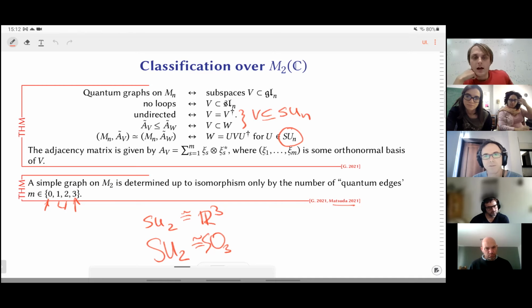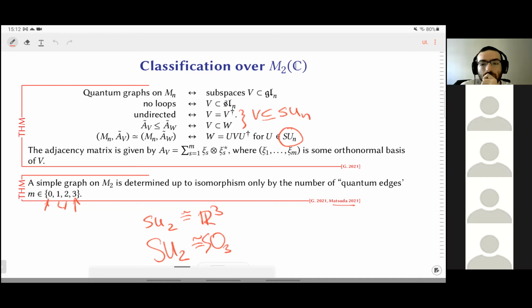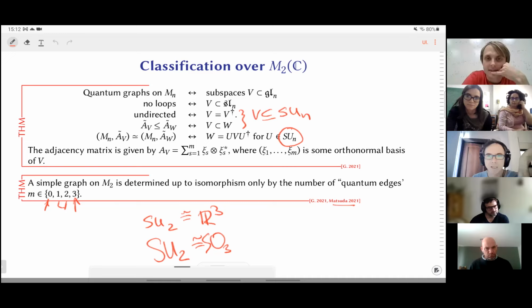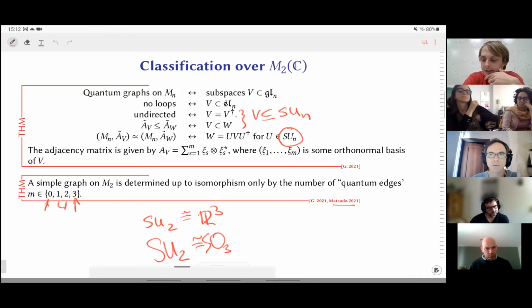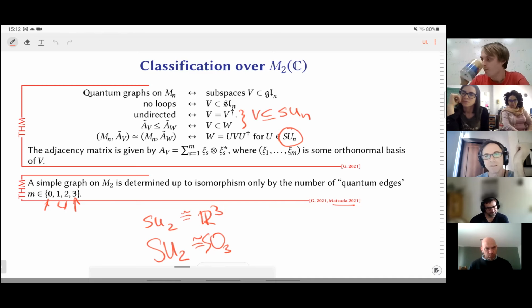Is there some invariant that recovers the information of the quantum graph, so that given an arbitrary Hopf algebra, you can guess whether it is a quantum automorphism group of such an object?